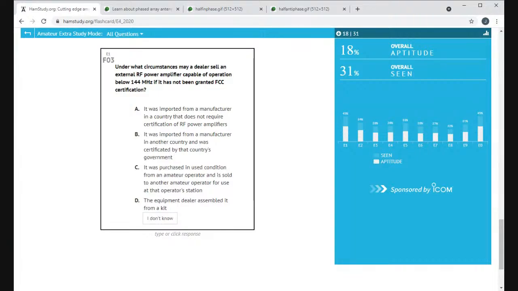B. It was imported from a manufacturer in another country and was certified by that country's government. C. It was purchased in used condition from an amateur operator and is sold to another amateur operator for use at that operator's station. D. The equipment dealer assembled it from a kit.